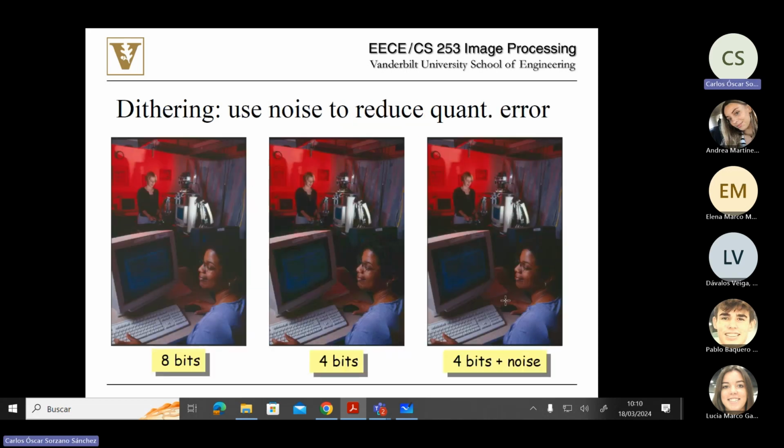Let's see an example. Say you have this image with 8 bits, but you want to represent it with 4 bits. Why may you want to go from 8 to 4 bits? Which application may want to have less information rather than more?